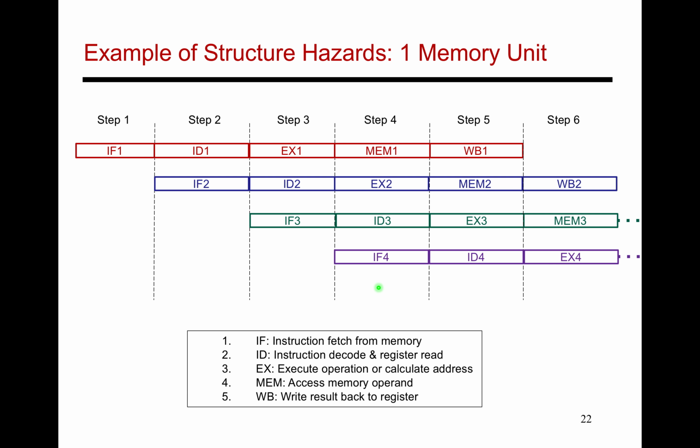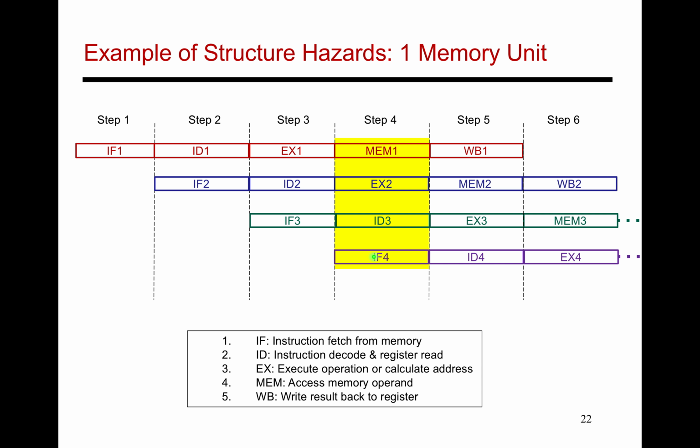So what does that mean? Let's say that we have this pipeline. We get the first instruction, it goes through, and then the second one, the third one, and the fourth one. Now, let's say that we only have one memory unit for both data and instructions. When we get to stage 4, we have a situation where instruction 1 is trying to access the memory for data, and instruction 4 is trying to access the memory for an instruction, both at the same time and in the same stage.